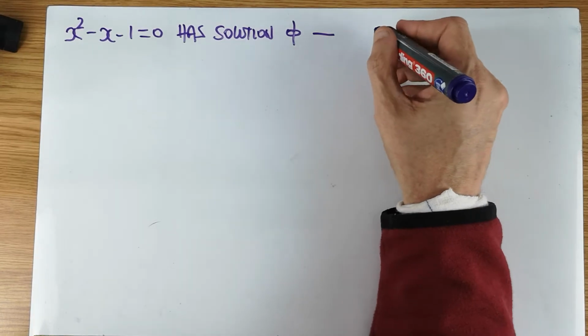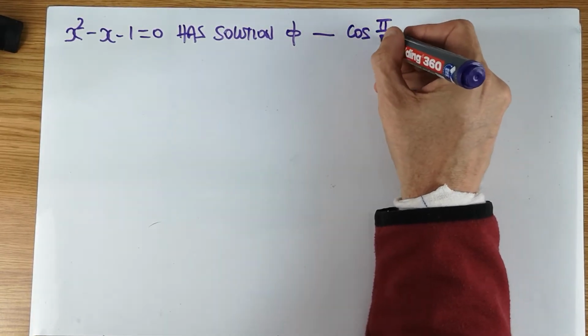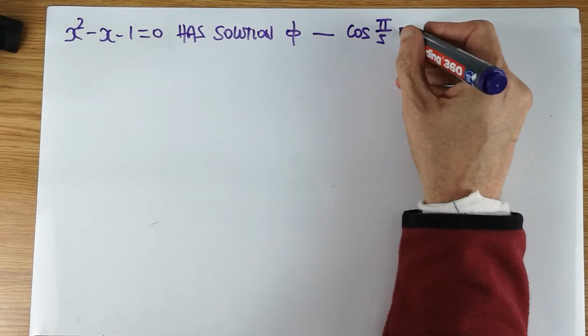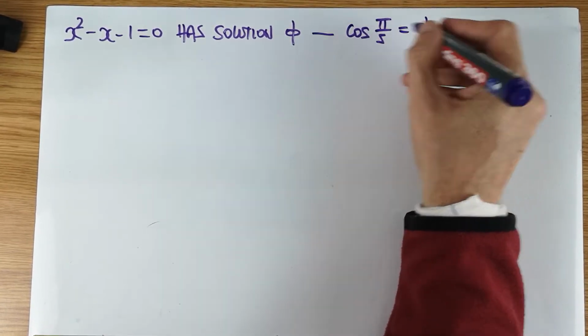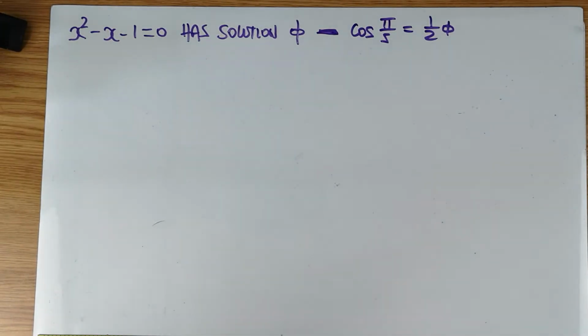Further to that, we're being told as a given that cos of pi over 5 is in fact half phi. So this is the information being given to us. And we need to show that a chain of lots and lots of tans is in fact equal to 5.